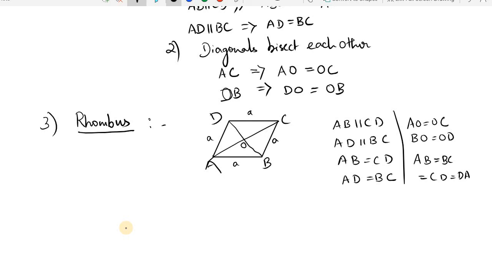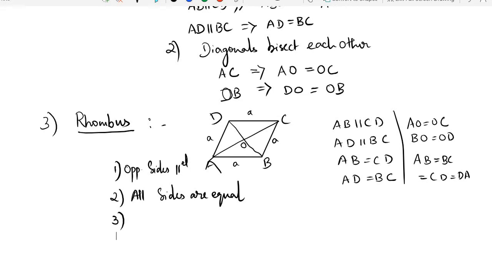And so the properties that you need to keep in mind are, let me list them out again. First, opposite sides parallel. Second, all sides equal. It is not just opposite sides, all sides are equal. That is a speciality over here. Then opposite angles are also equal.